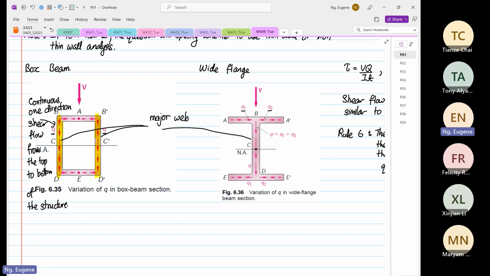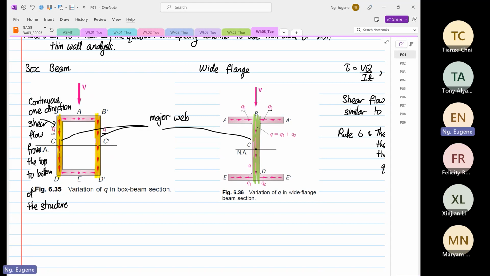So the major web has a continuous flow of shear flow q. And it's also very similar to what you see over here, where it is the wide flange. The shear flow is a continuous motion from the top to the bottom of the structure. So that is how you design your shear flow.